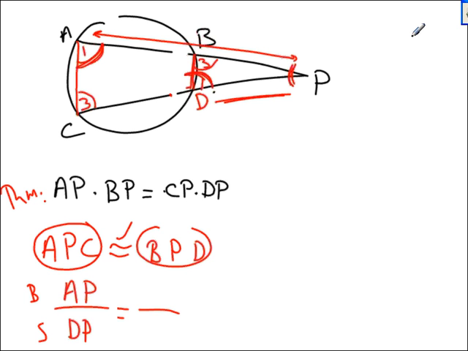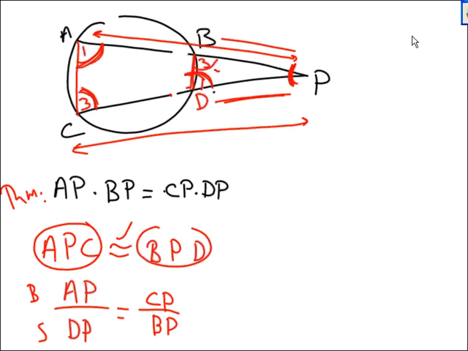Well, it's actually easy. CP, yeah, CP, excuse me. That's the big one. It's between angles 3 and, of course, angle P. Well, that's BP in the little triangle. Angle 3, the right angle. Cross multiply gives me AP times BP.